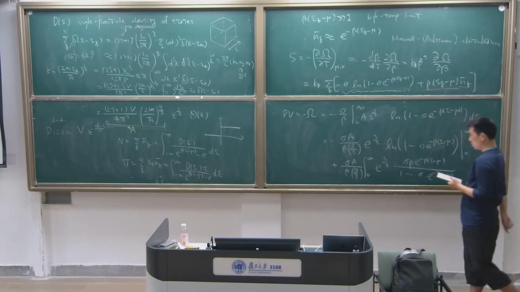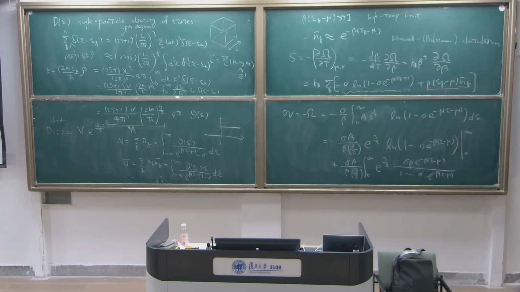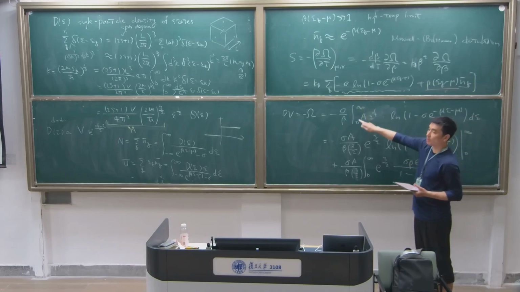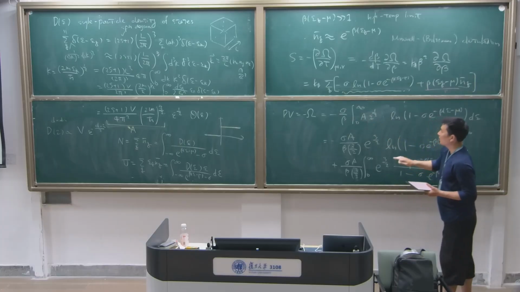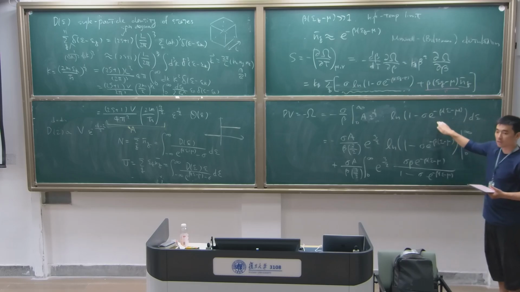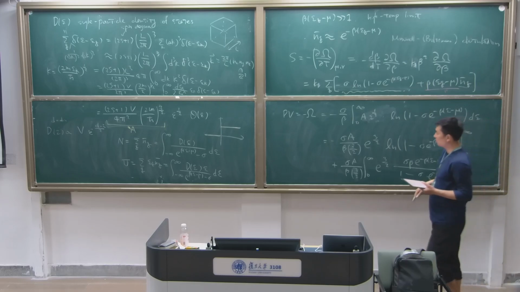So this is the integral part. Suppose you have the derivative of epsilon, which can act on either this one or this one.